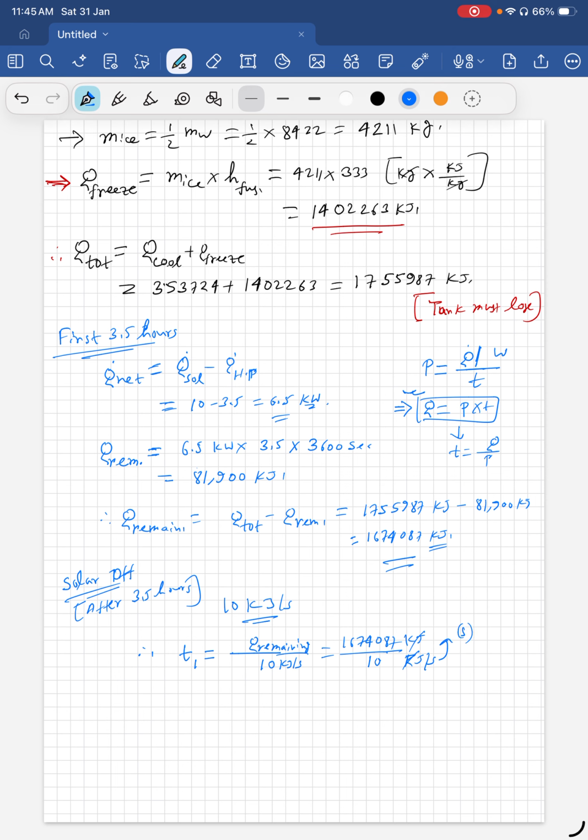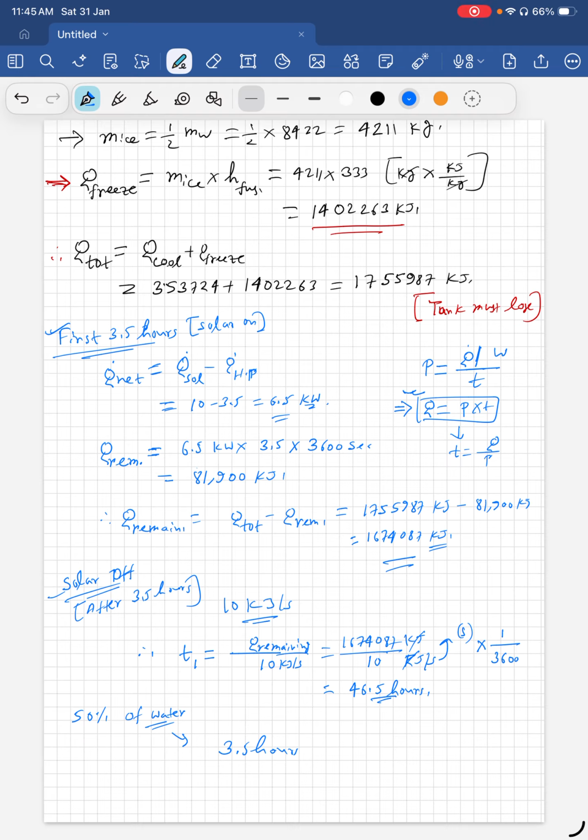And if you want to write it in hours, then just multiply by 1 upon 3600 and you will get 46.5 hours. So to freeze 50% of the water, the total time is taken for the first 3.5 hours when the solar was on, and the solar is off for the next period.